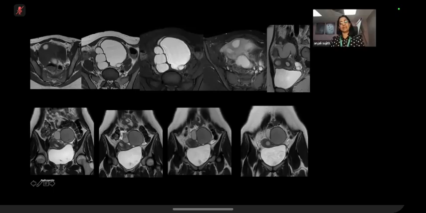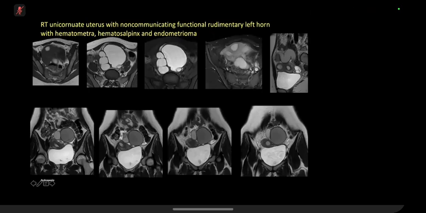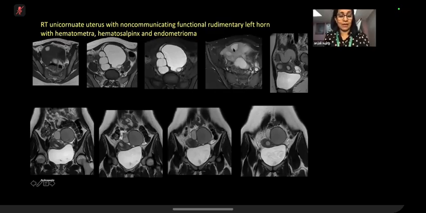Let me show you the case in the PACS model. So this is a case of a right unicornuate uterus with a non-communicating functional left horn with hematometra. This is hematometra. It's bright on fat saturated and it's bright on T1, with hematometra, hematosalpinx, and endometrioma.